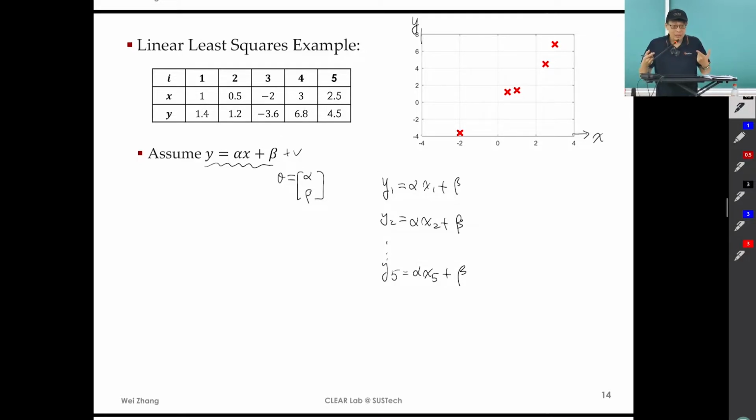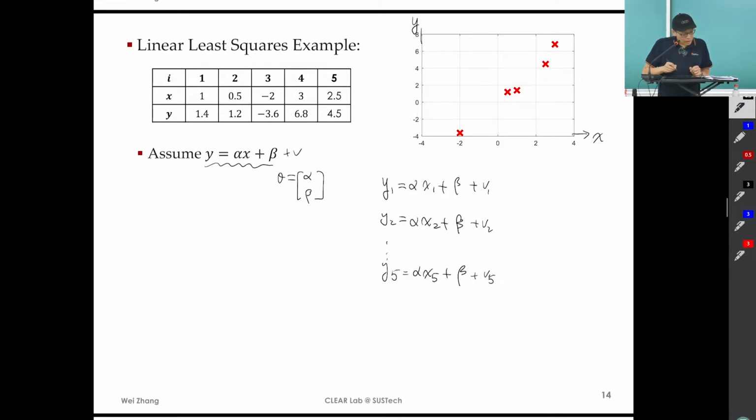If I assume it's a line, then the data x1, y1, x2, y2 should satisfy these 5 equations simultaneously. Of course, they don't. So I assume there's always some noise. I don't assume a perfect match, but at least as close to my assumption as possible. Does that make sense to you?